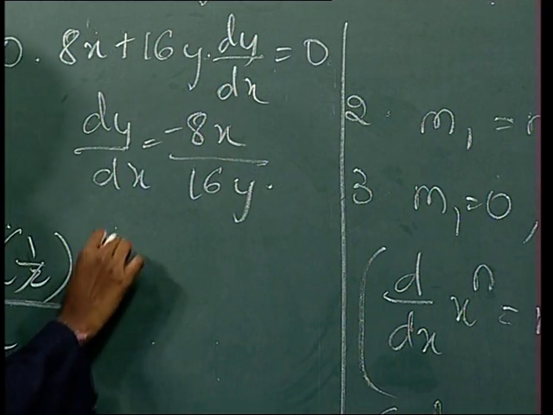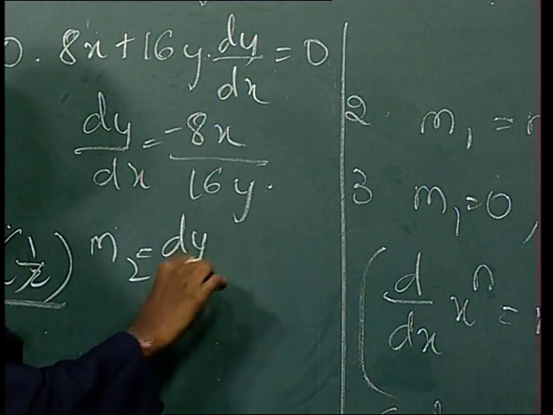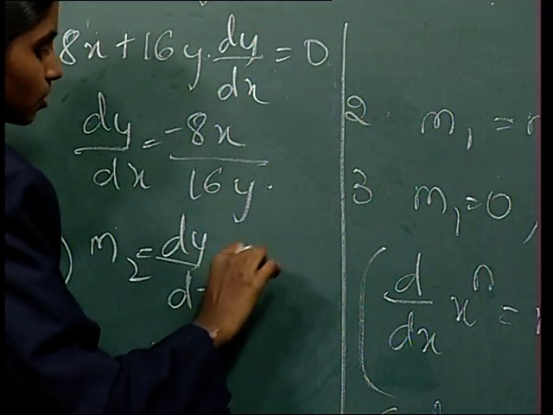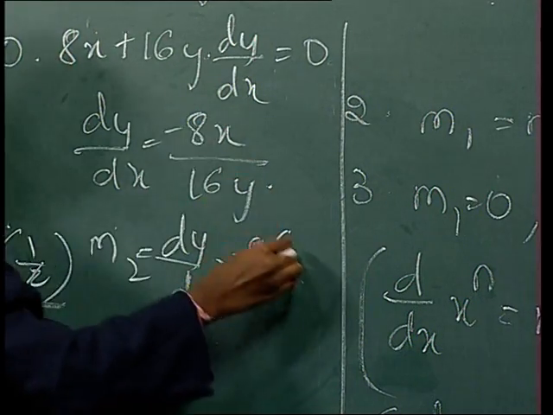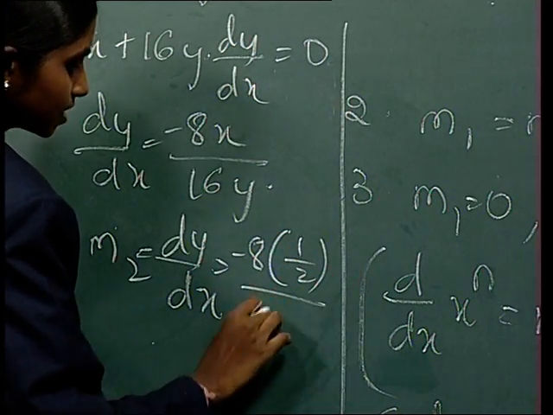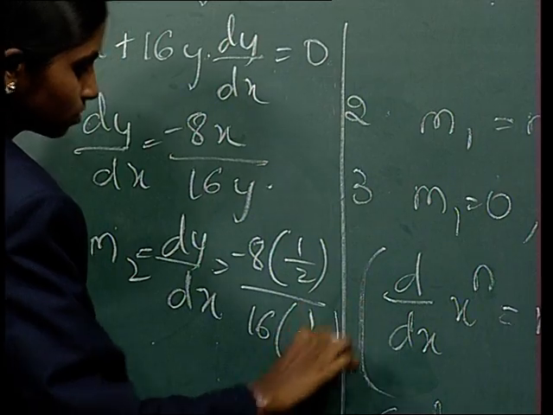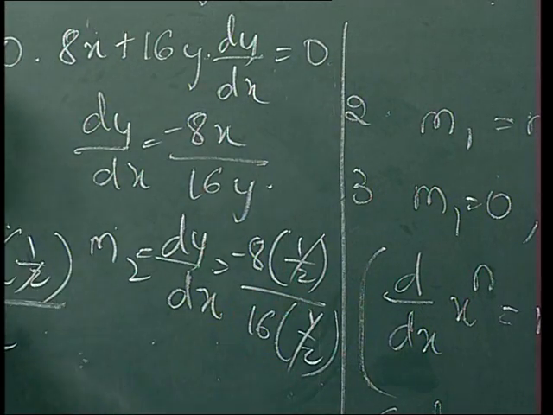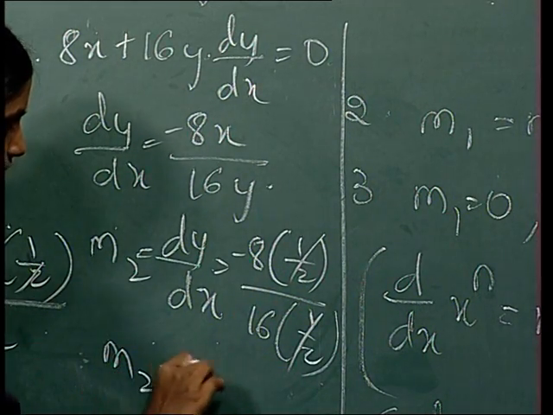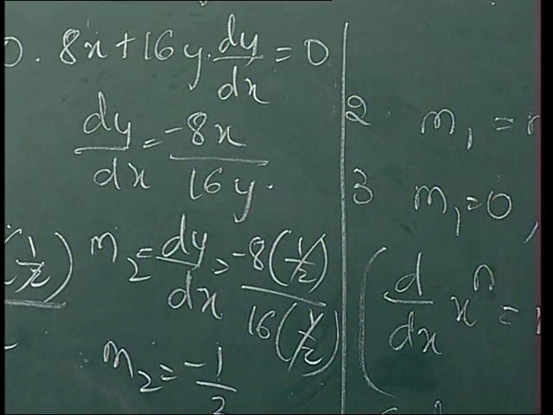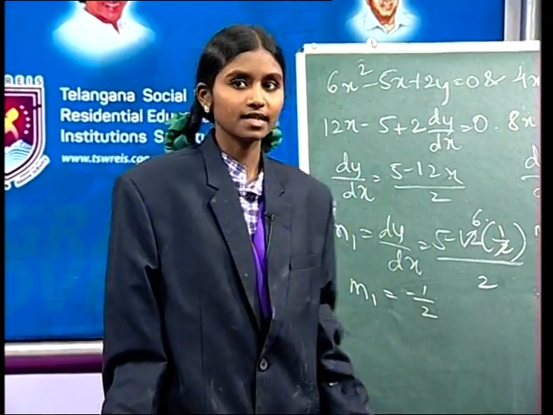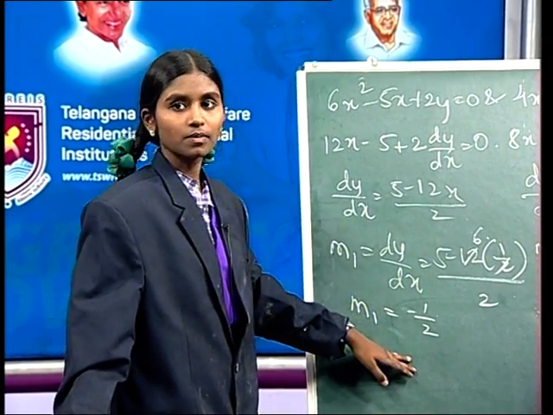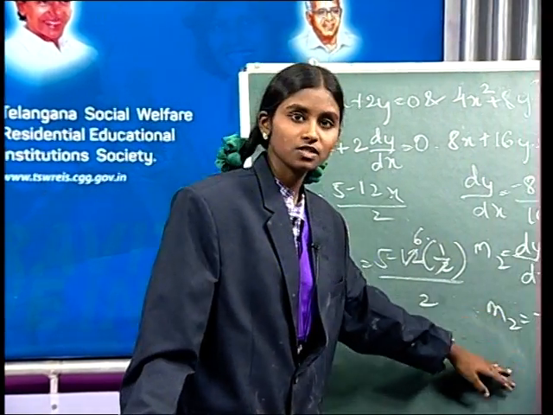So, m2 is equal to dy by dx is equal to minus 8 and x is nothing but 1 by 2, divided by 16 into 1 by 2. By cancelling 1 by 2 and 1 by 2 we get m2 is equal to minus 1 by 2. And friends, we know the second condition, that is m1 is equal to minus 1 by 2 and m2 is equal to minus 1 by 2.